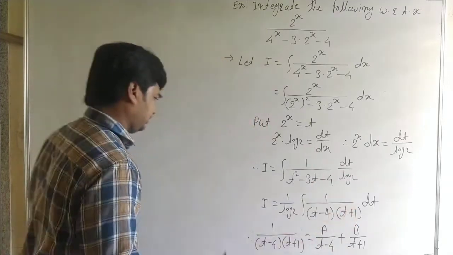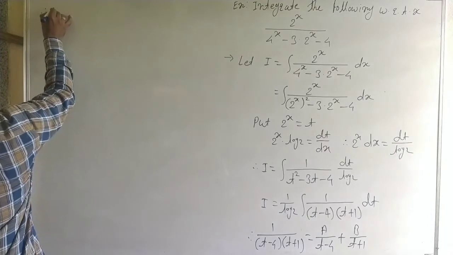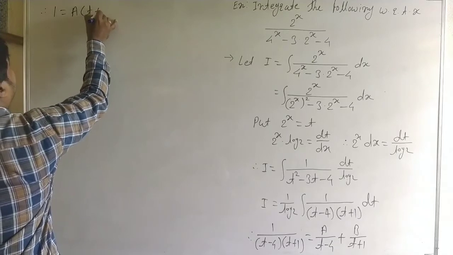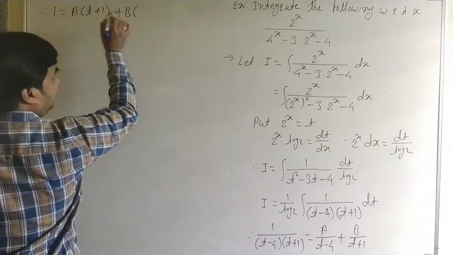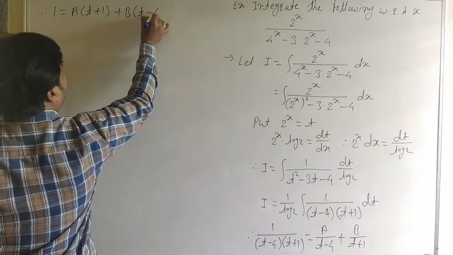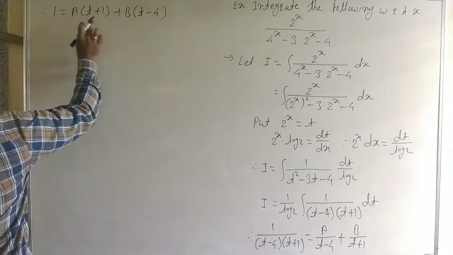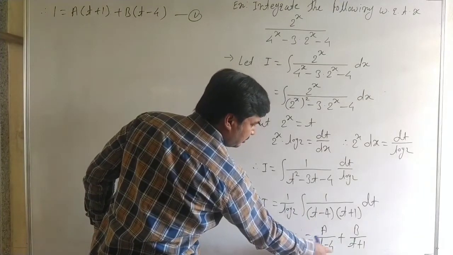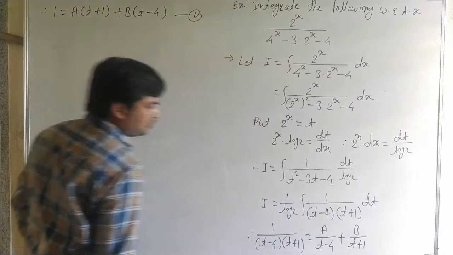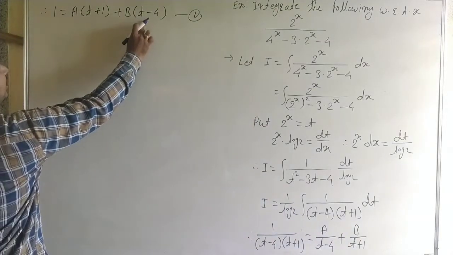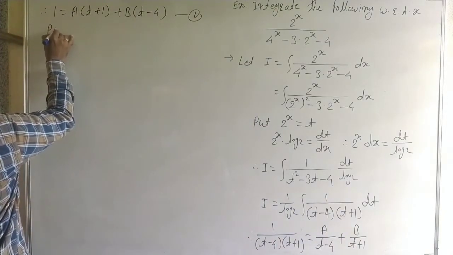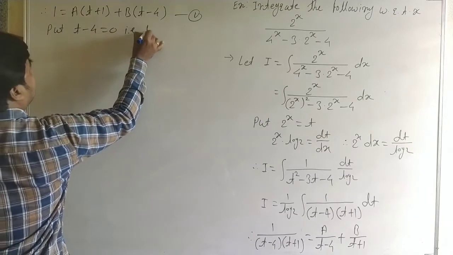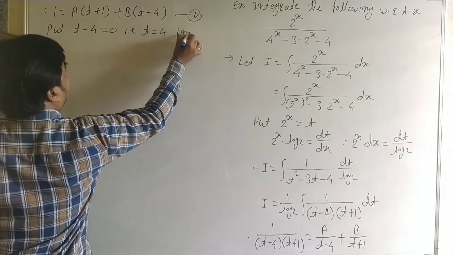Now here we solve by using the partial fraction. Now the cross multiplication, and therefore we can write 1 is equal to a into t plus 1 plus b into t minus 4. This is equation number 1. To find the value of a, put t minus 4 equal to 0, and to find the value of b, put t plus 1 equal to 0. First put t minus 4 equal to 0, that is t is equal to 4 in equation number 1.